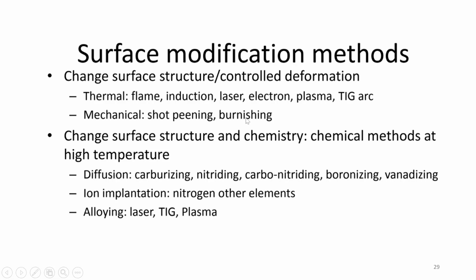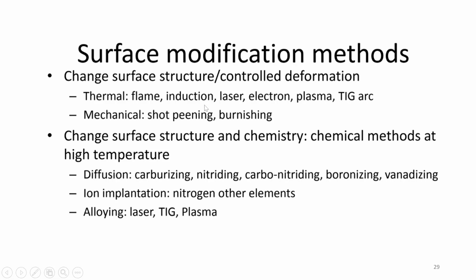Now surface modification methods, they can be of two types. One in which you change surface structure or control deformation. So in this case there is no chemistry change. So first is thermal based, in which you can use flame, induction heating, laser, electron beam, plasma or TIG arc.